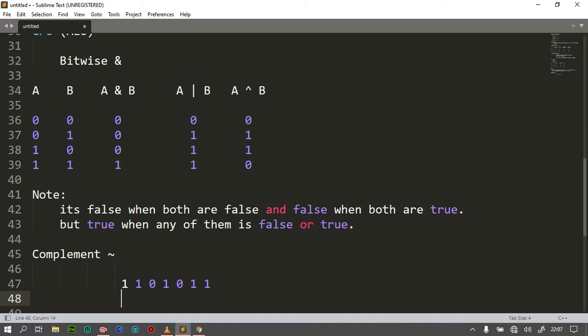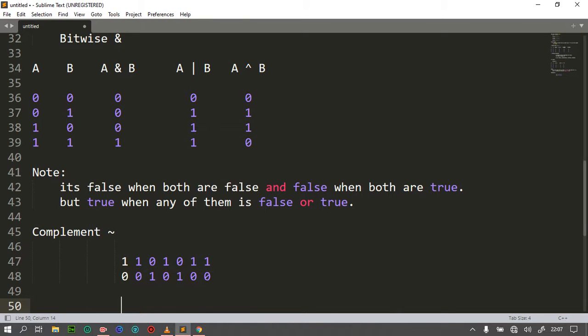Up there it is true, then it's going to be false, then false, then true, sorry about that, then true, then false, then true, then false, and false. That's what we call a complement.